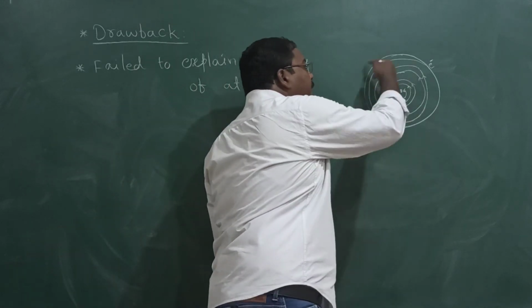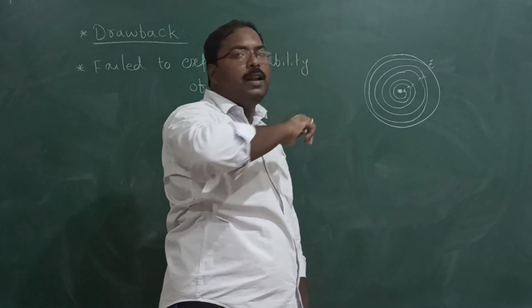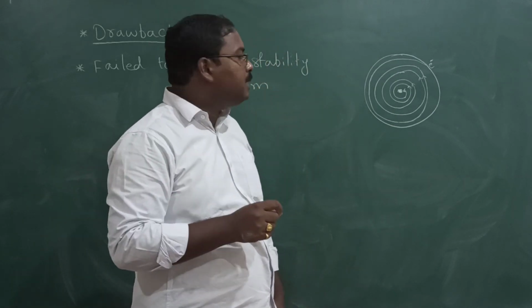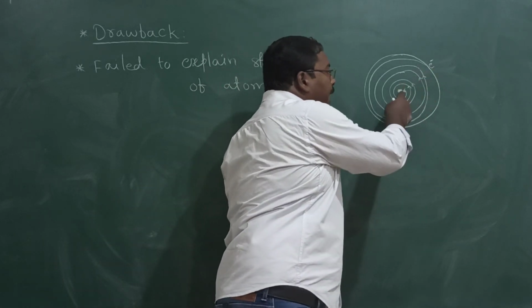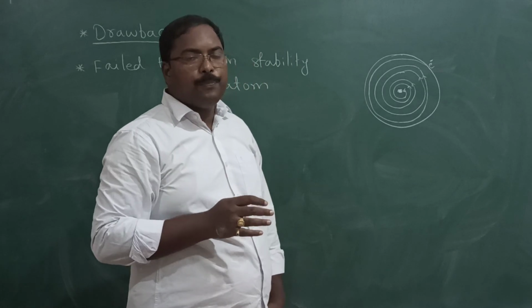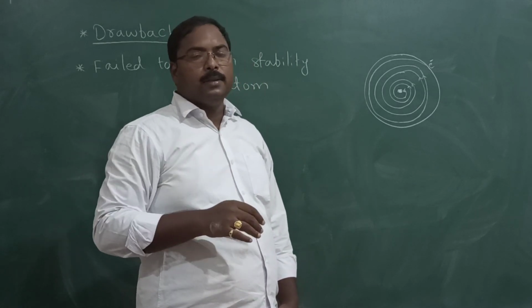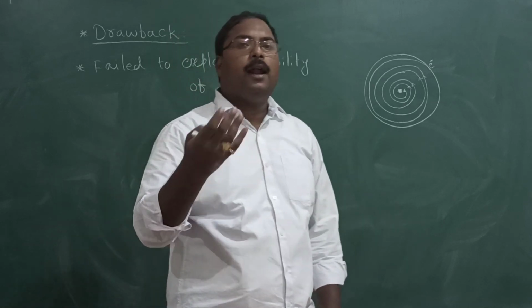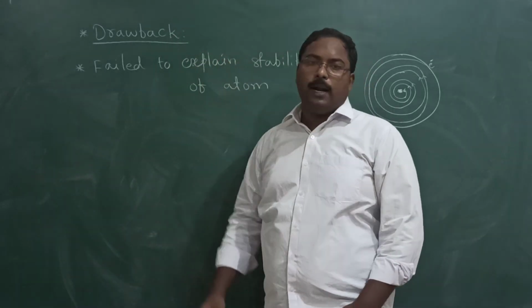So after every revolution, the electron will radiate some energy. After some number of revolutions, the total energy of the electron will become zero and the atom should collapse. But it is not happening. The atom is a stable one. How it is stable cannot be explained by Rutherford.